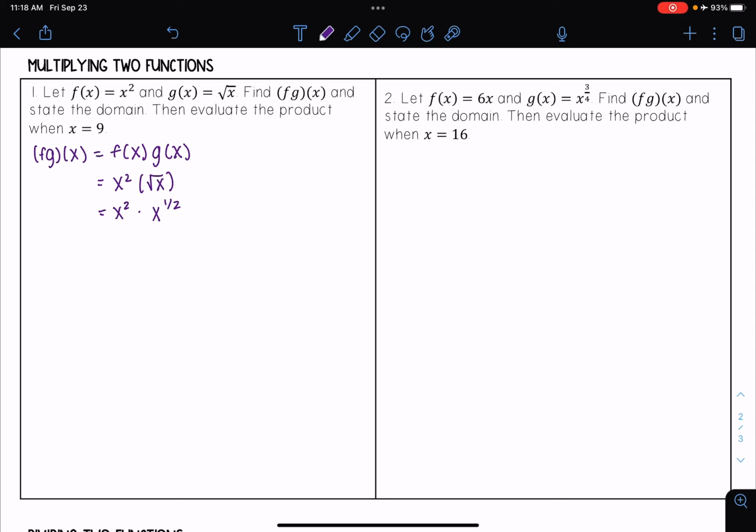And then we learned from our power property that x squared times x to the 1/2 is the same thing as x to the 2 plus 1/2. And so that means that fg of x is equal to x raised to the 5/2 power.